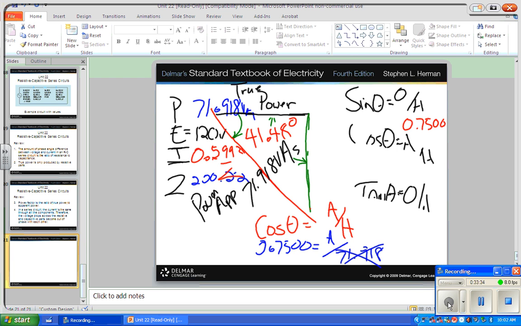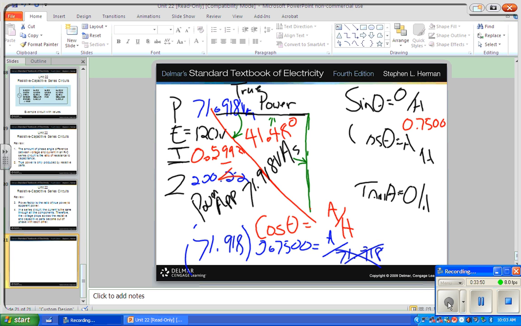And this will drop out of that side. Times 0.75. So what's in your calculator right now? 71.918? Excellent.